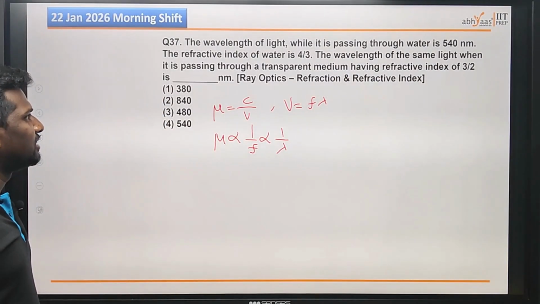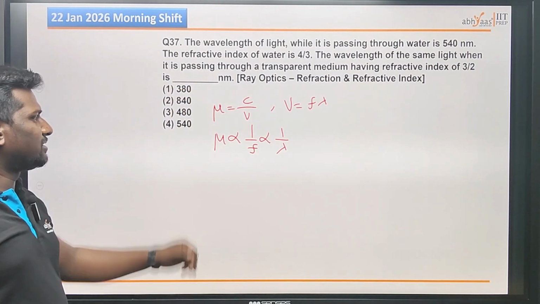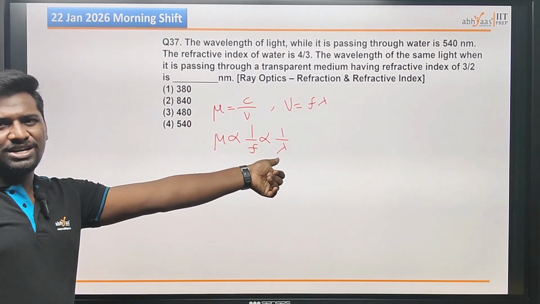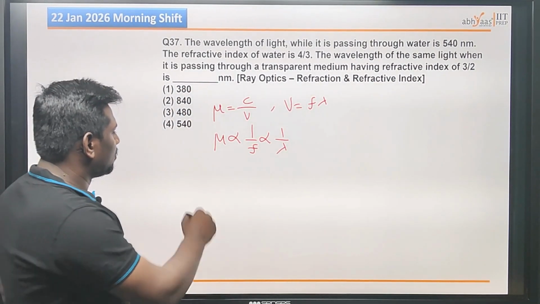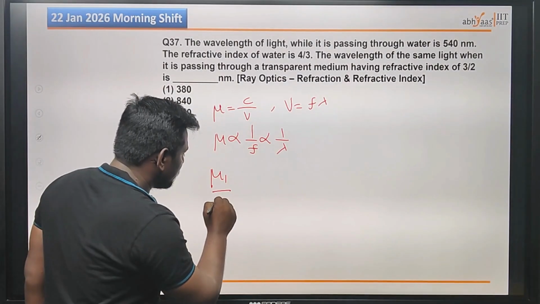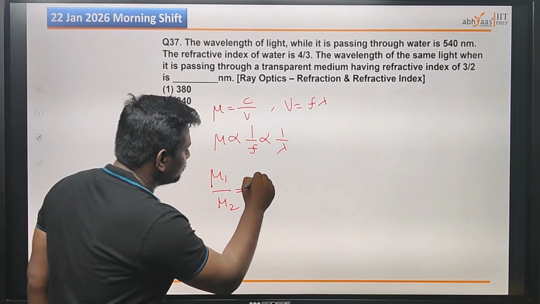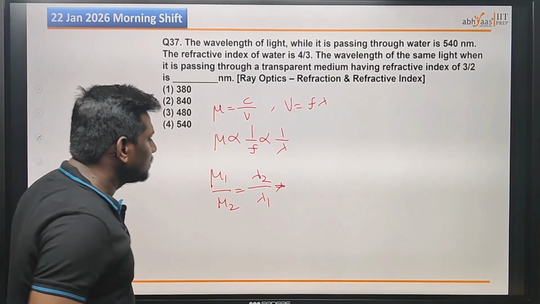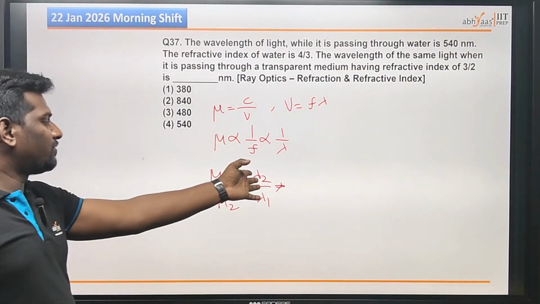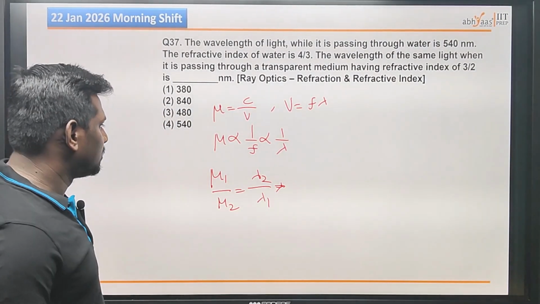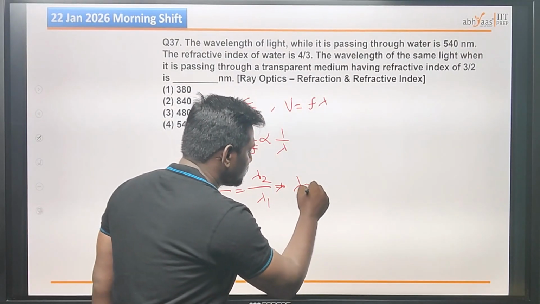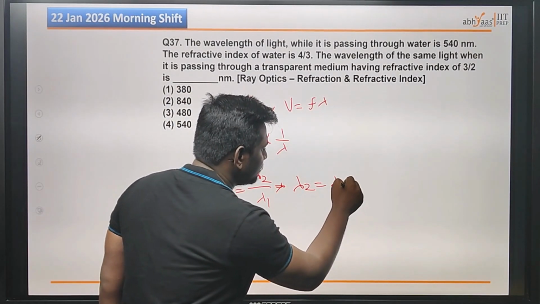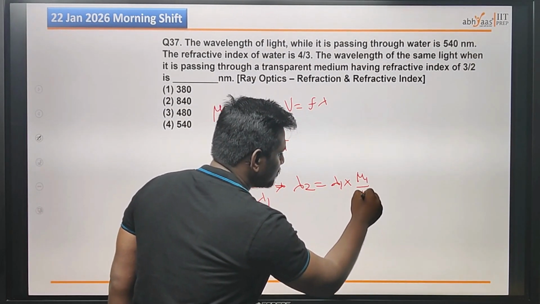What we have to find is the wavelength. So mu1 by mu2 is equal to lambda 2 by lambda 1. We have to find lambda 2, so lambda 2 is nothing but lambda 1 into mu1 by mu2.